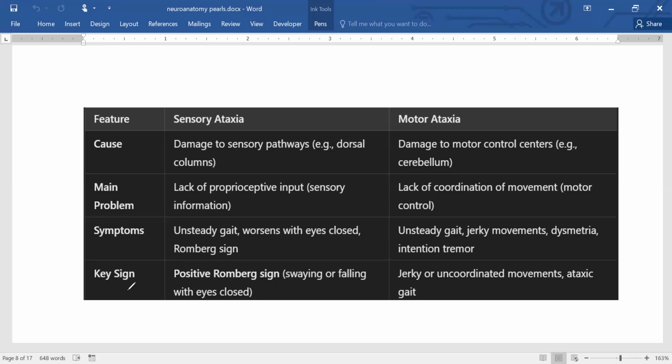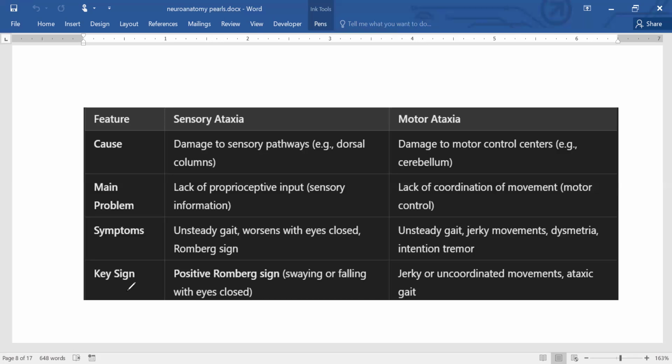And symptoms include, in sensory ataxia, unsteady gait that worsens with eyes closed. This is known as the Romberg sign. That is, when a person closes his eyes and walks, he has an unsteady gait. In case of motor ataxia, there is unsteady gait, but there are also jerky movements, dysmetria and intention tremors. Now, what is dysmetria?